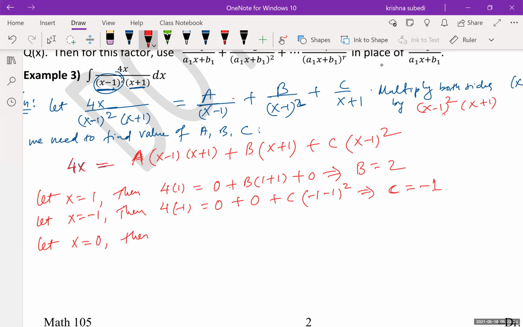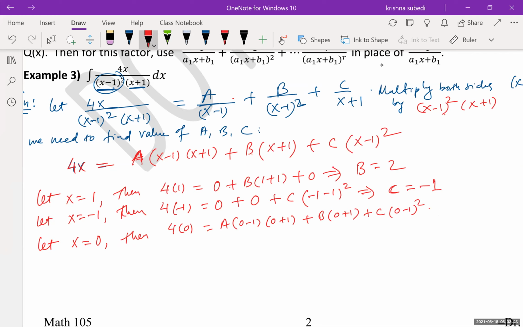Then what do I get here? 4 times 0 equals a times 0 minus 1, and 0 plus 1, plus b times 0 plus 1, plus c times 0 minus 1 squared. Solve this and let me know what is the value. How much do you get? Okay, let's see.